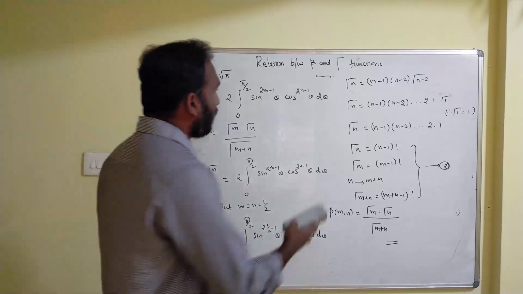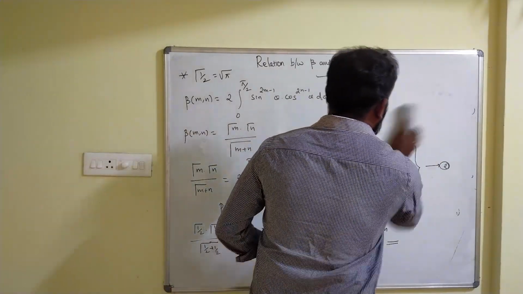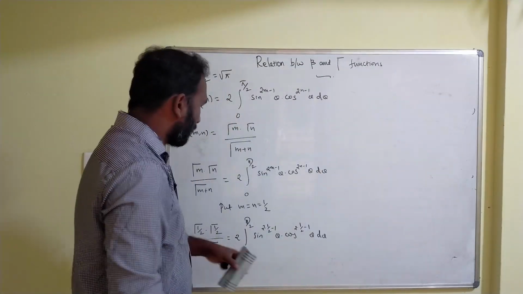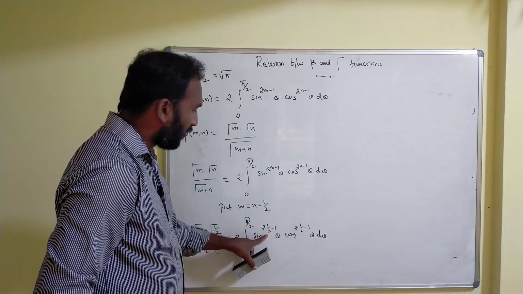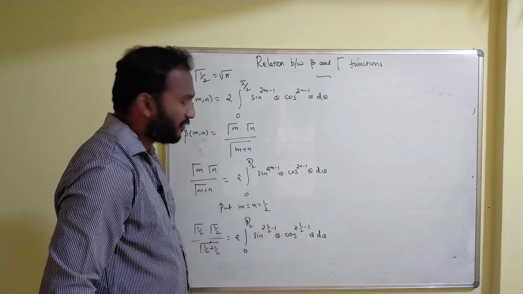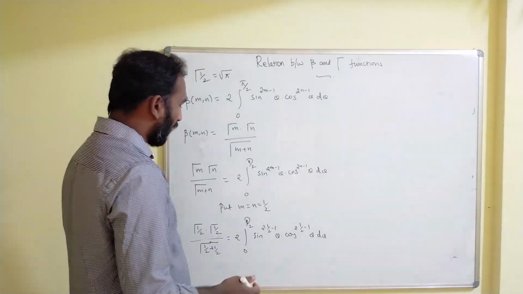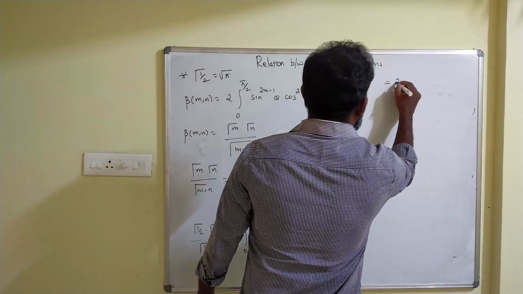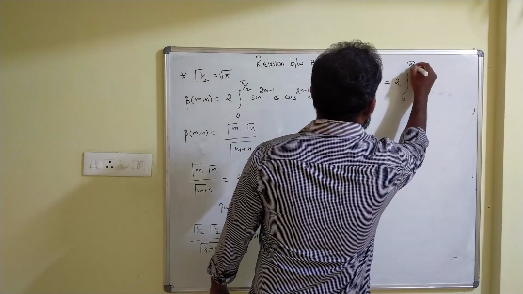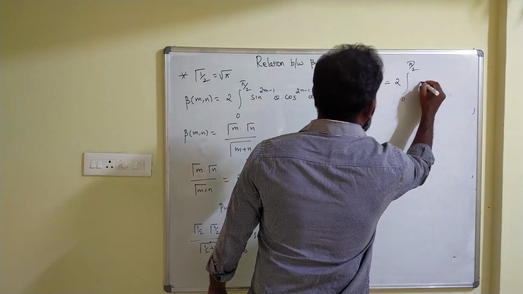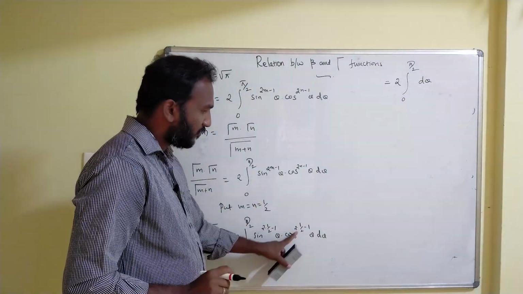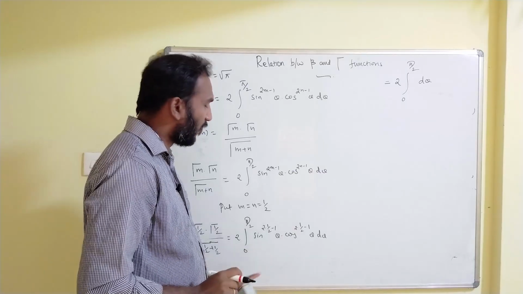If you simplify here, you will get sine power 1 minus 1, it is 0, sine power 0, cos power 0, because anything power 0 will give 1. Therefore, this will give 2 times integral 0 to pi by 2 d theta, because sine power 0 will become 1, cos power 0 will become 1, 1 into 1 it is 1.